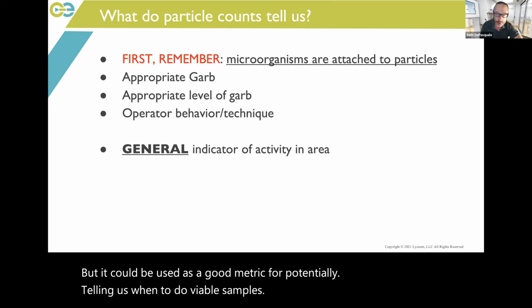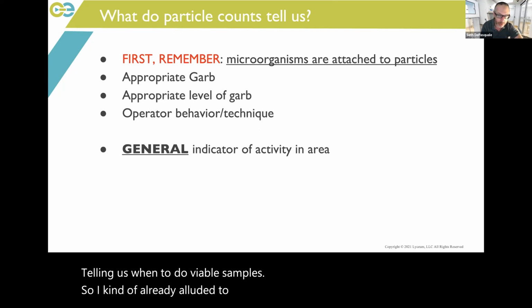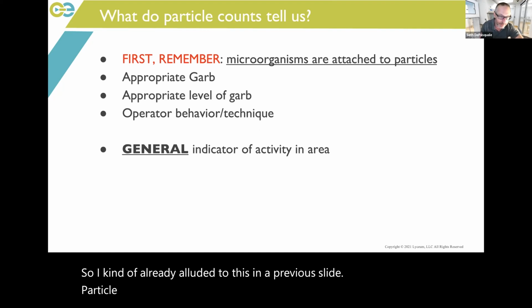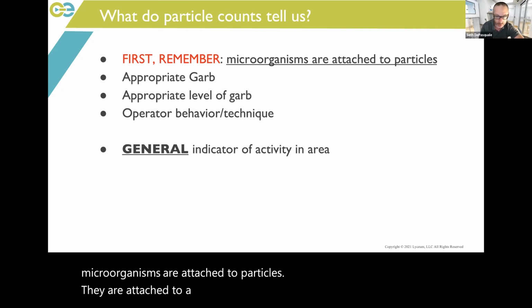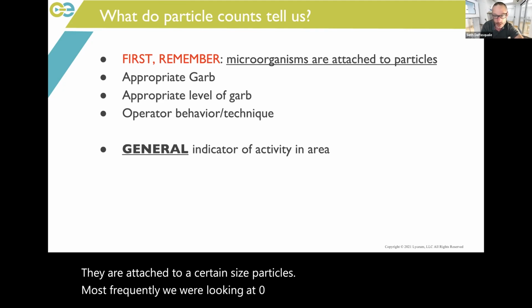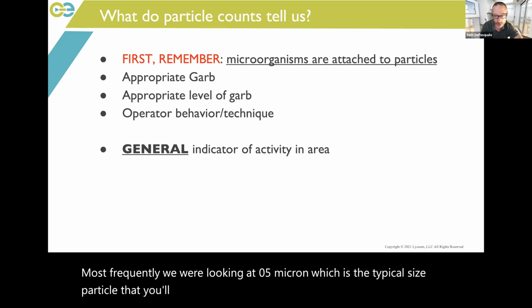So I kind of already alluded to this in a previous slide. With particle counts, you first have to remember that microorganisms are attached to particles. They're attached to a certain size of particles. Most frequently, we're looking at 0.5 micron, which is the typical size particle that you'll find a lot of microorganisms attached to, or larger.